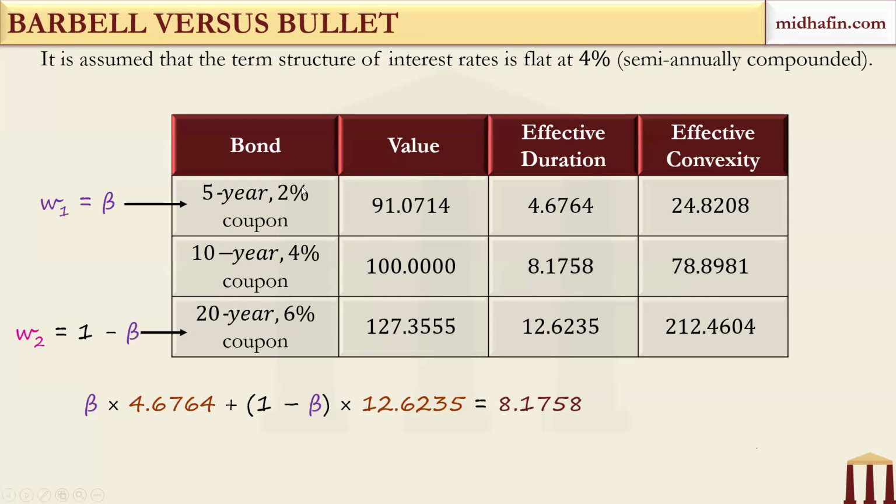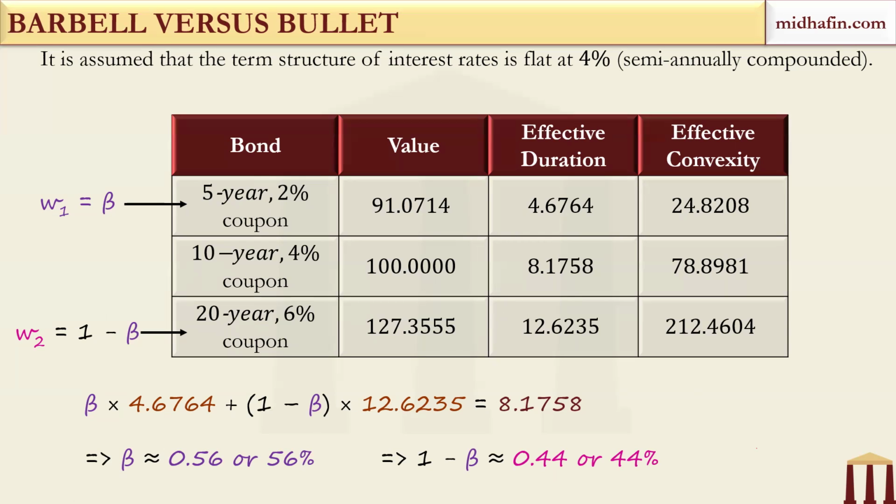Now I am investing in 5 and 20-year bonds such that for my portfolio also the duration is 8.1758. So I find the weights. I found the weights to be 56% in the 5-year coupon bond and 44% of my money in the 20-year coupon bond. So if I am investing $1 million, that is $560,000 in the 5-year coupon bond and $440,000 in the 20-year coupon bond.